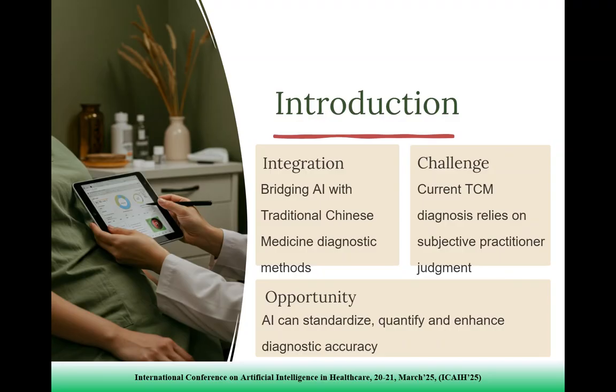But we have an opportunity for AI to standardize, quantify, and enhance diagnostic accuracy, through some survey papers. The later slides will present this. So today, with this presentation, I will show a real use case study combining AI with TCM.